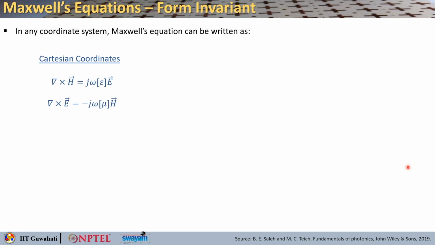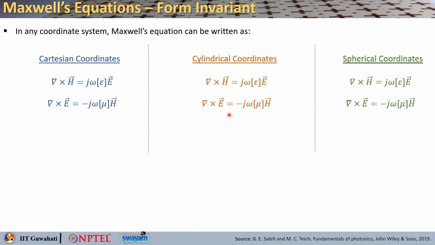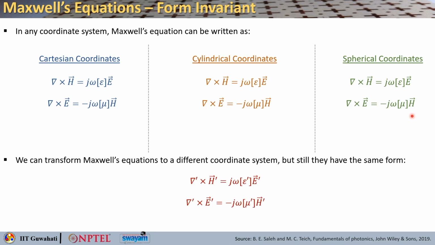So in Cartesian coordinate system you have seen that curl of H is nothing but j omega epsilon E, and curl of E is minus j omega mu H. Now if you change it to cylindrical coordinate system, it looks exactly the same. If you go to spherical system, it exactly looks the same. So we can transform Maxwell's equation to different coordinate systems, but they will basically look exactly the same.